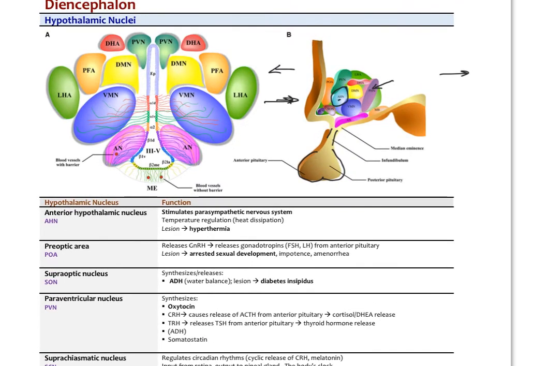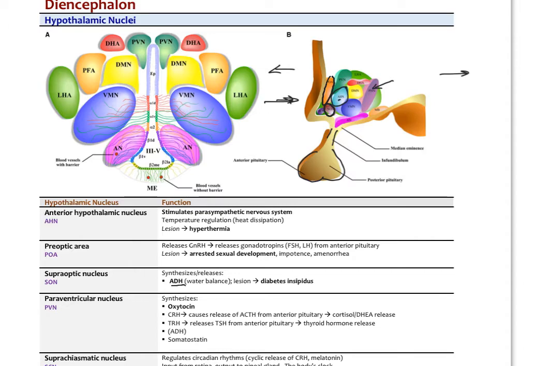The preoptic area, and specifically the supraoptic nucleus. Again, we can see that on this picture, right above the optic nerve, supraoptic nucleus. This is very important in that the supraoptic nucleus is the source of antidiuretic hormone.